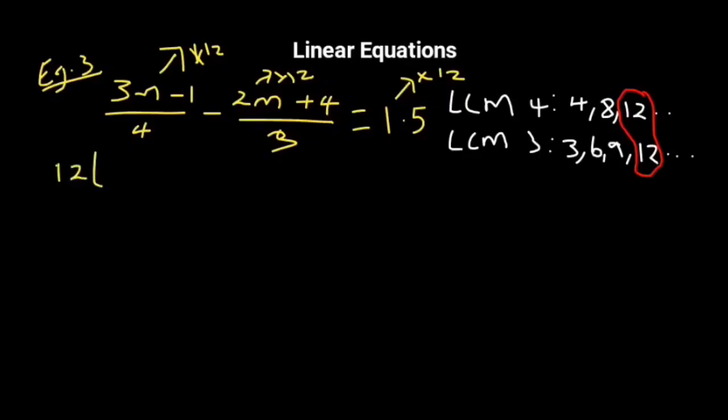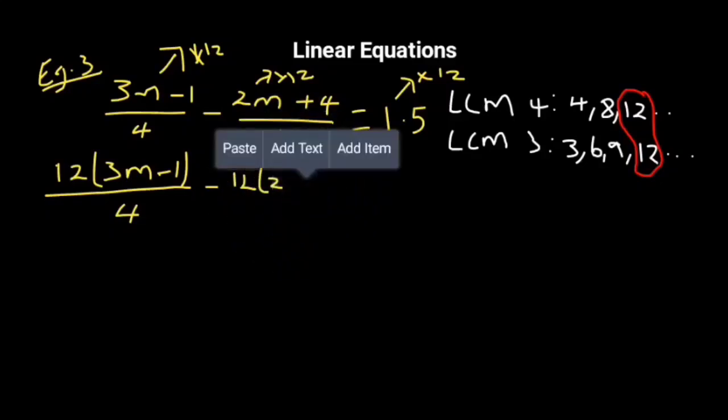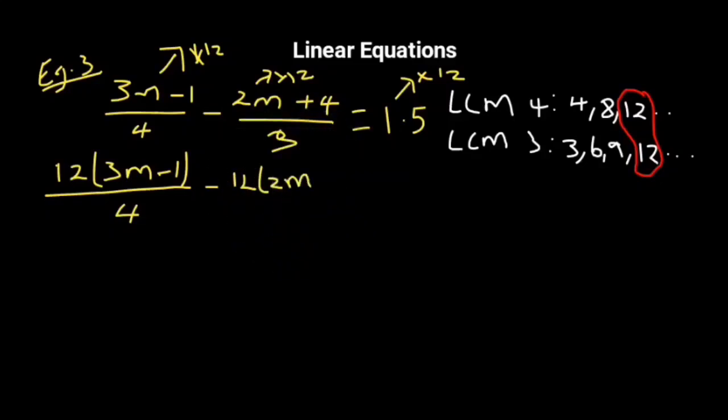So we have 12 multiplied by 3m minus 1 divided by 4 minus 12 multiplied by 2m plus 4 divided by 3. And then once again, we multiply our 1.5 by 12, which gives us 18.